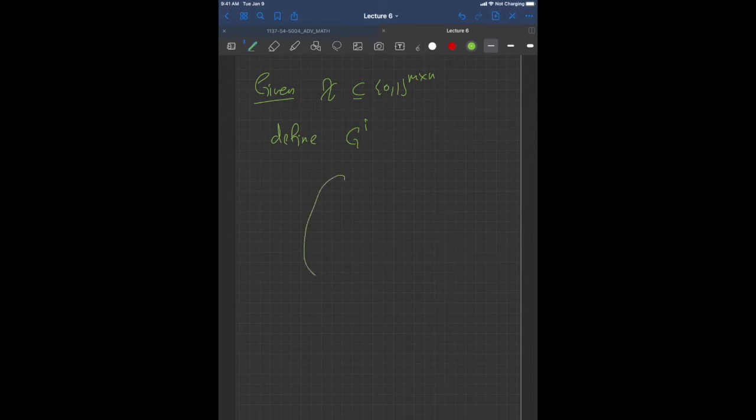So Gi is this bipartite graph. On one side we have matrices from X where the ith row is dropped, so this is X minus i. These are matrices of this form where this row is missing. So this is a node here, and on the other side we have Xi where we have only the ith row. We put an edge between them if this completed thing is in the set X.